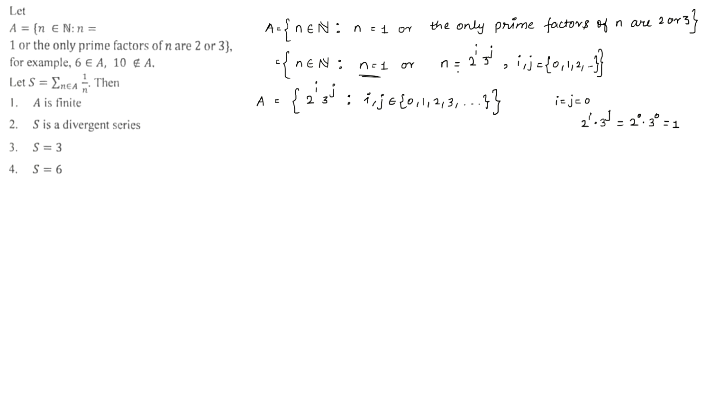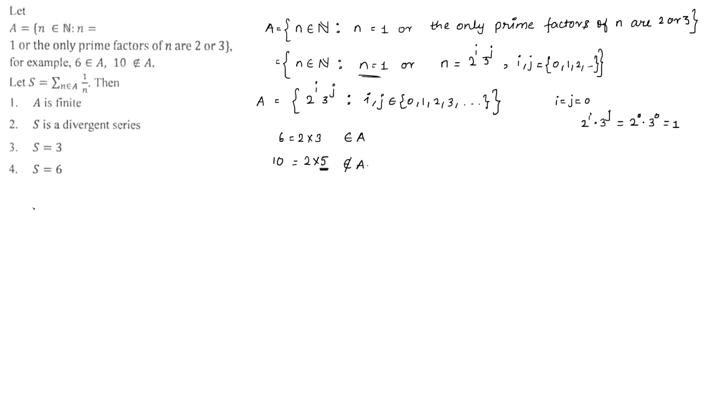Clearly, the prime factorization of 6 is 2 into 3, so it is an element of A, and the prime factorization of 10 is 2 into 5. But elements of A cannot have prime factors other than 2 or 3, so 10 will not be an element of A.